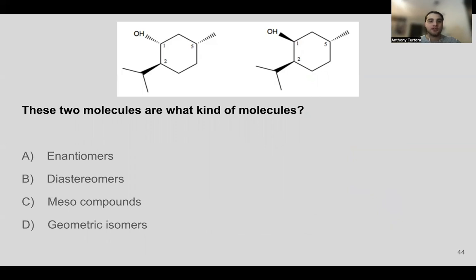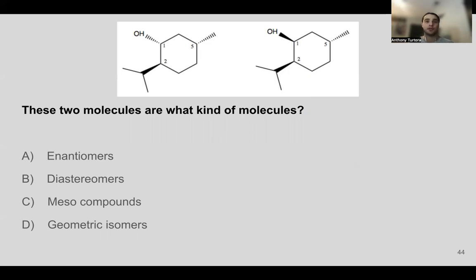We have A, enantiomers, B, diastereomers, C, meso compounds, and D, geometric isomers. We've already talked about enantiomers and meso compounds, so we can try to determine whether those are correct or not.